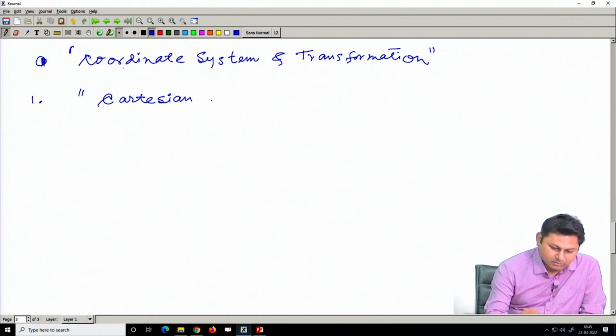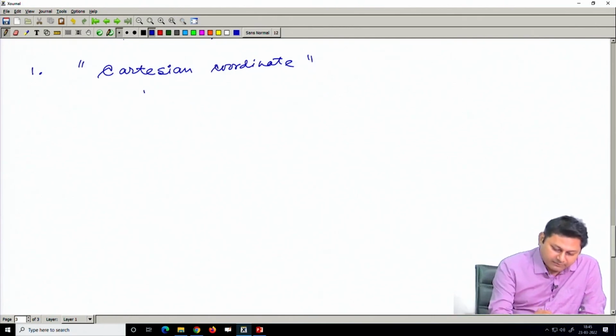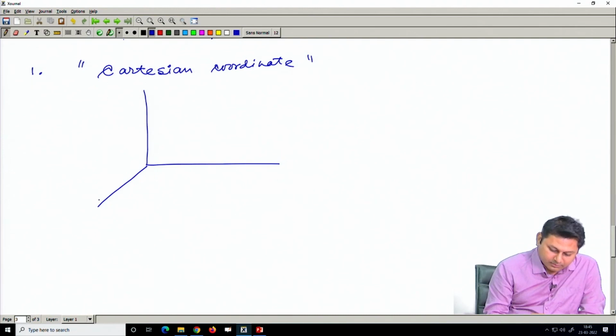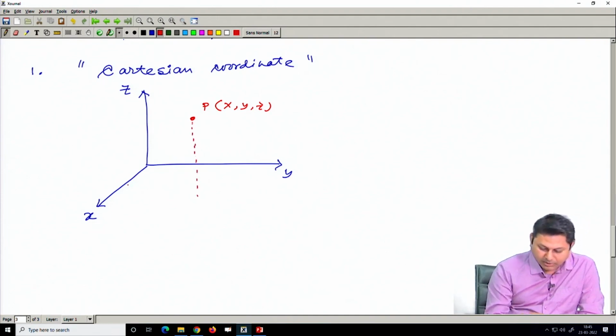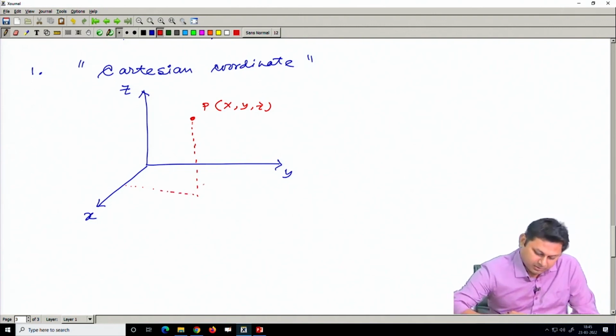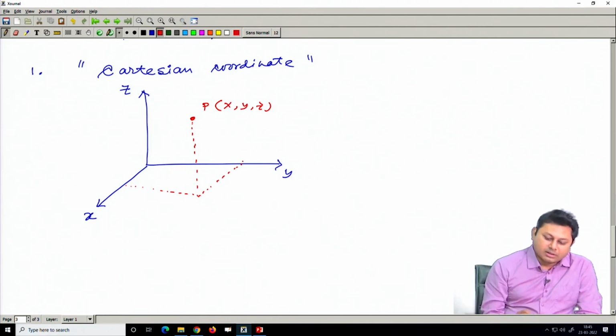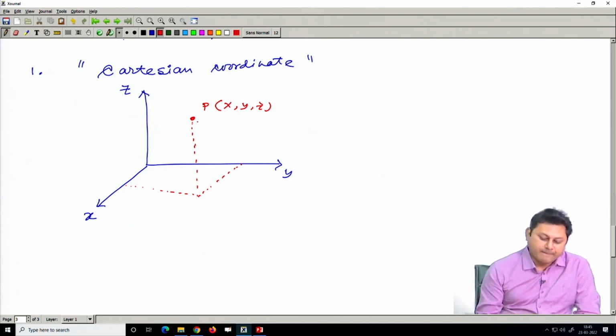For Cartesian coordinates, we have x, y, z, which are perpendicular to each other, and any point P is a function of x, y, and z, and we can locate this point by simply calculating the x point and then the y point and the z point. This is the way we calculate.